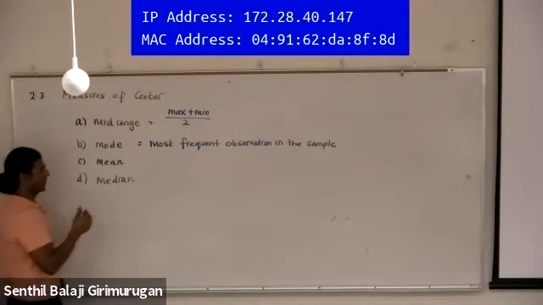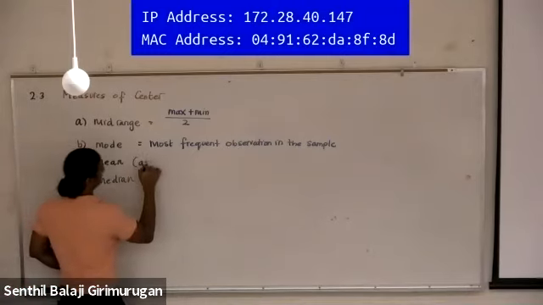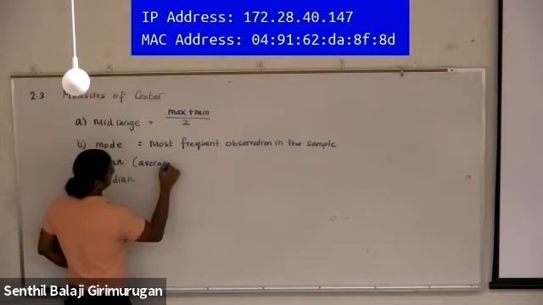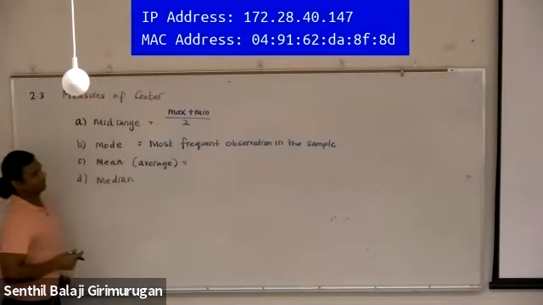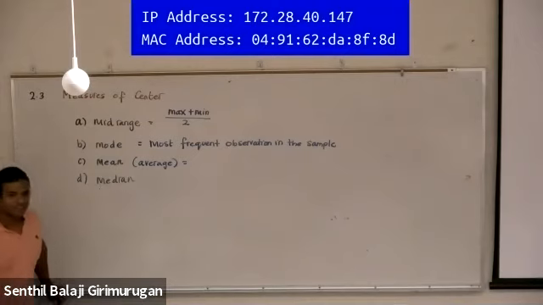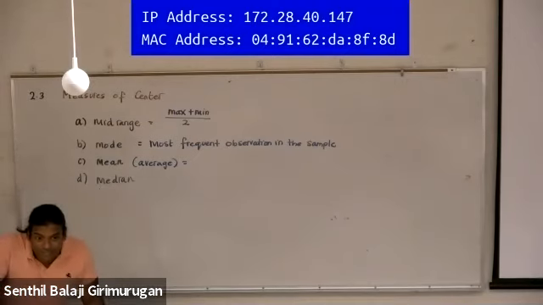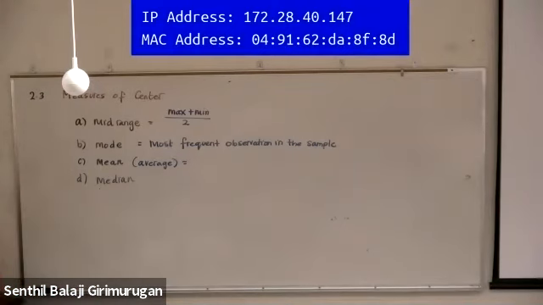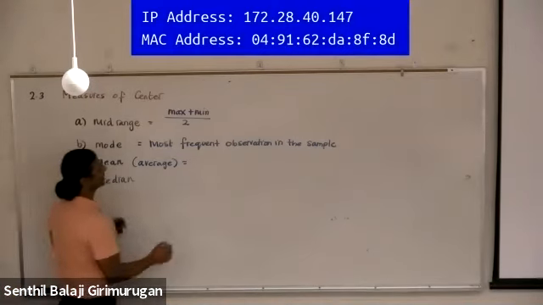Mean, also known as average. We should know that. The sum of all the observations over the number of observations. What is the book talking about?